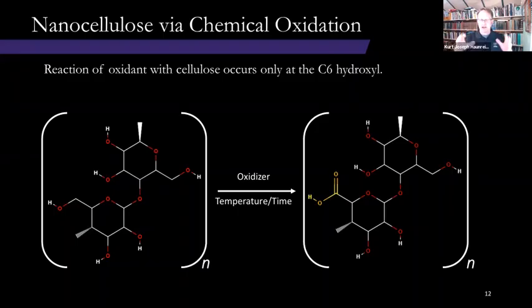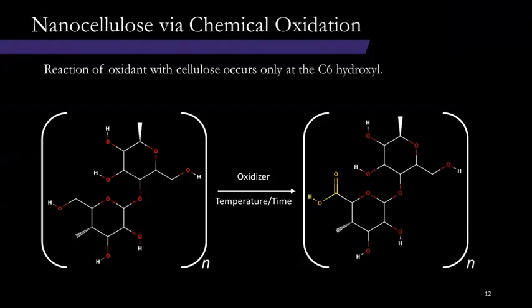Isn't there in the cellobiose two C6 carbons, one on the other chain? Anybody know why it's not getting attacked? No? Would it be sterics? Sterics, yeah, right.